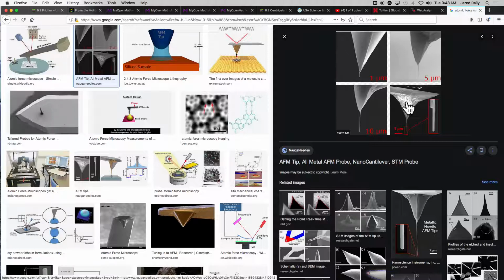So essentially, if we've got 5 microns here, and this needle looks like it's about 1/10 of that, so it's maybe 0.5 microns across. So that would be 500 nanometers, which is probably even smaller than that at the tip. I would say it's probably more like 10 nanometers at the tip, so super tiny at the tip.